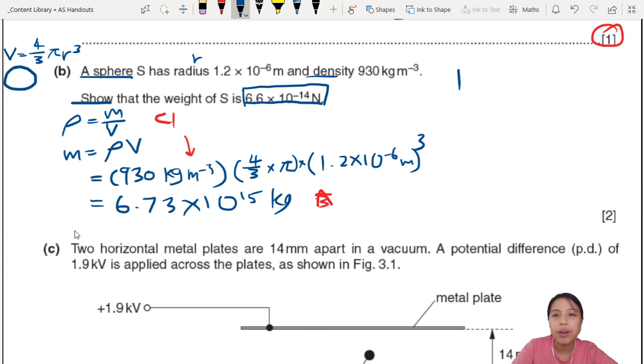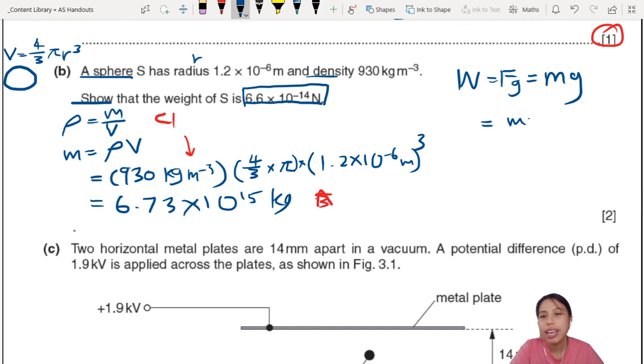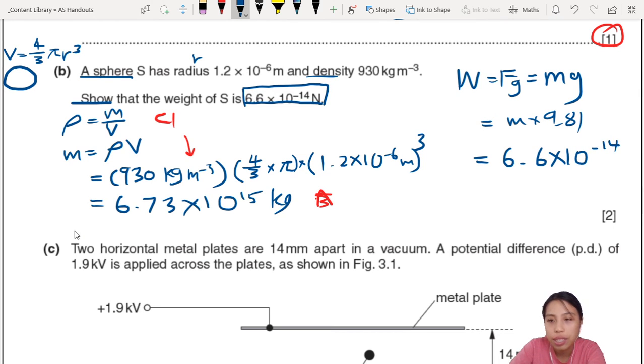Then you need to find your weight, which is basically a gravitational force, which is m times g. So you just take your previous m times 9.81. I'm lazy to write it out, I'll just write m times 9.81, not enough space already. It equals, you should get a very, very small weight as well, about 6.6 times 10 to the negative 14 newtons.